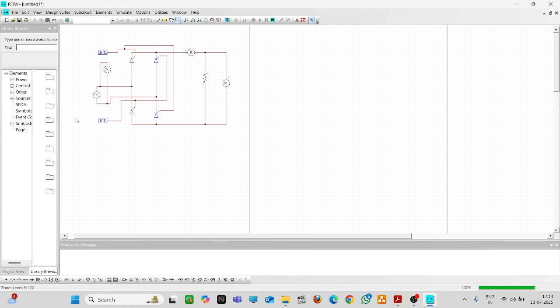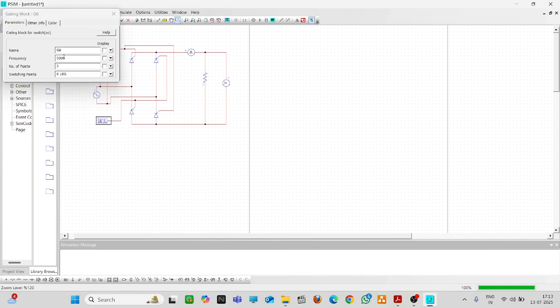Now we will do some variation here. The frequency will be 50 hertz, and T3 and T4 are going to be operated in the negative half. The positive half will be from 0 to 180, and the negative half will be from 180 to 360 degrees. The firing angle for T1 and T2 is 45 degrees. So 45 plus 180 will be 225.